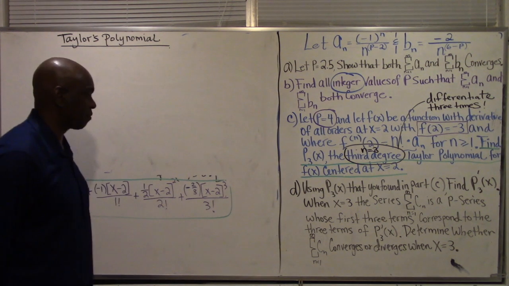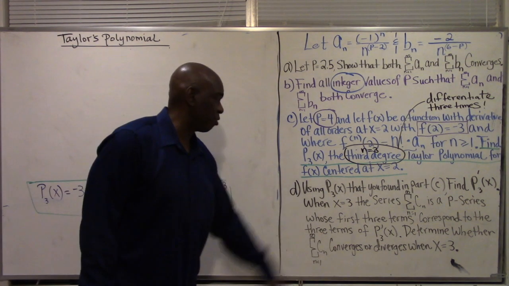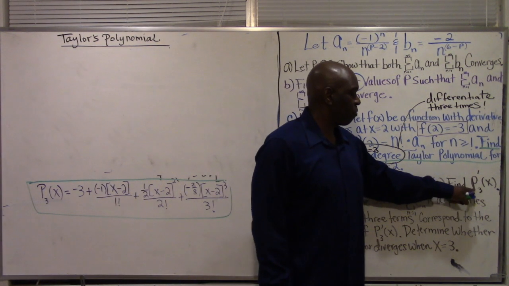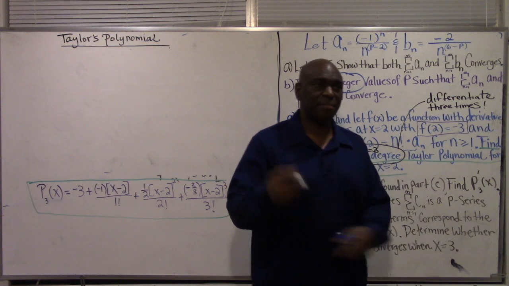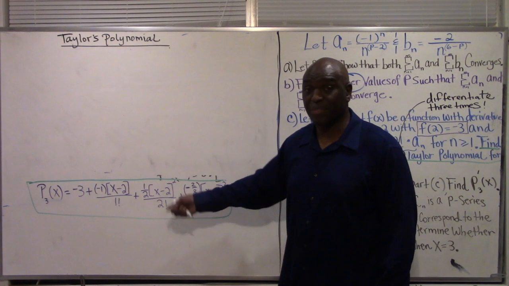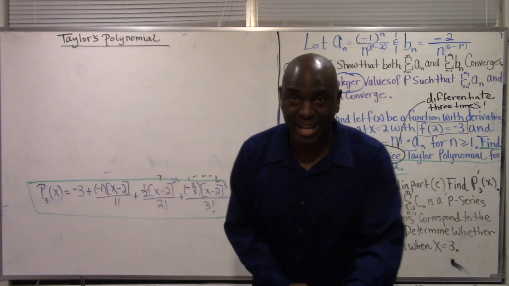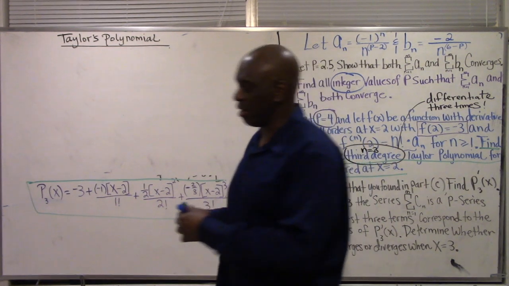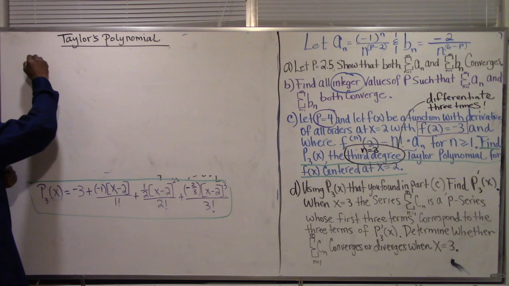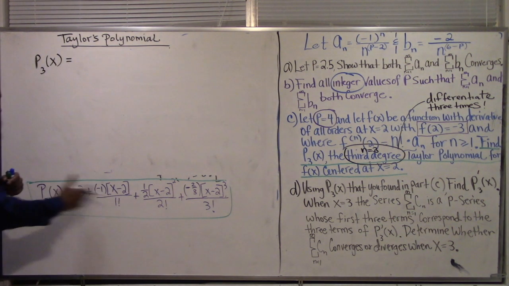Alright, let's answer D. Using P3, the third-degree Taylor polynomial that you found in part C, find P3 prime of x. Find the derivative of our Taylor series. We have to differentiate it, so we have to simplify it first. So P3 of x, let me just simplify this on out.